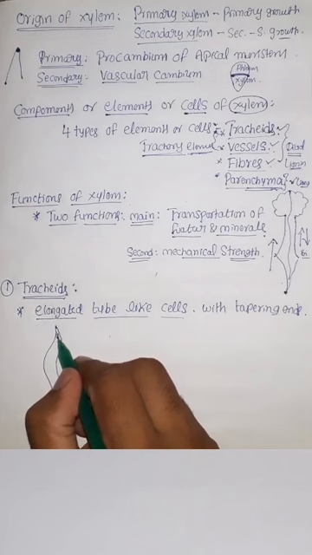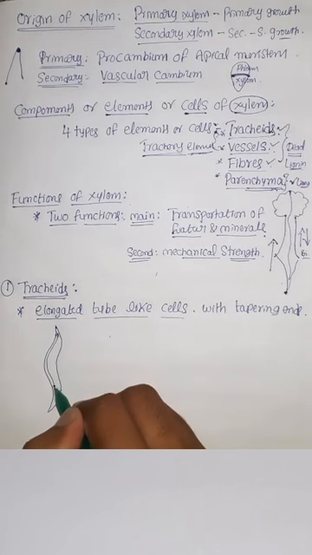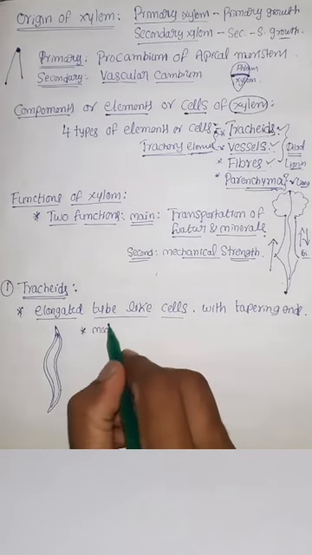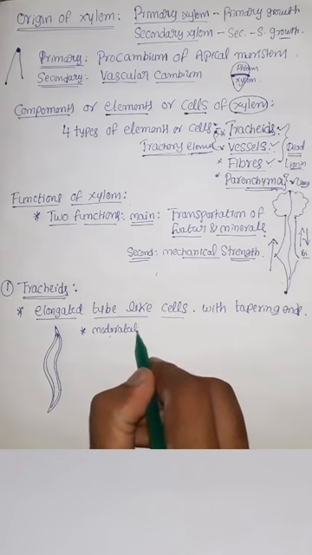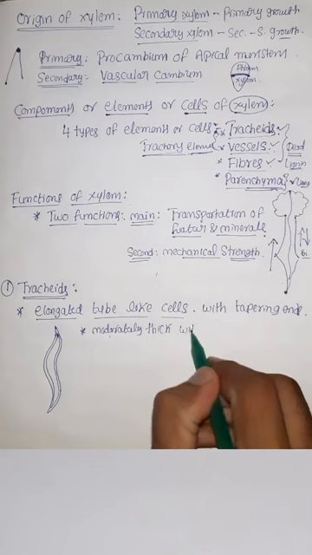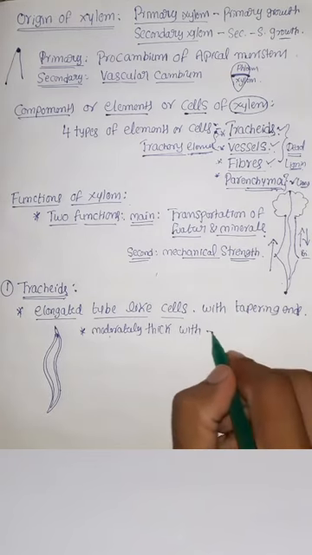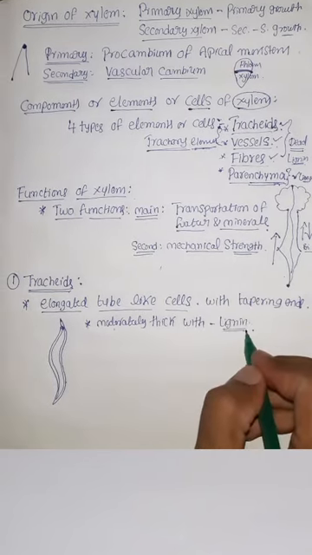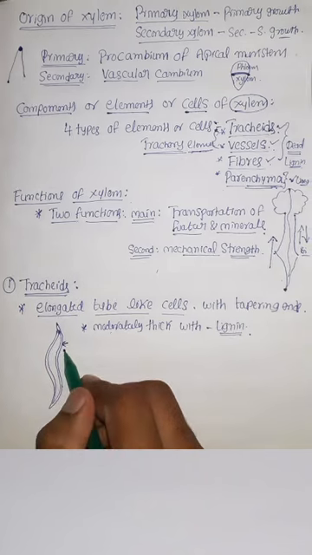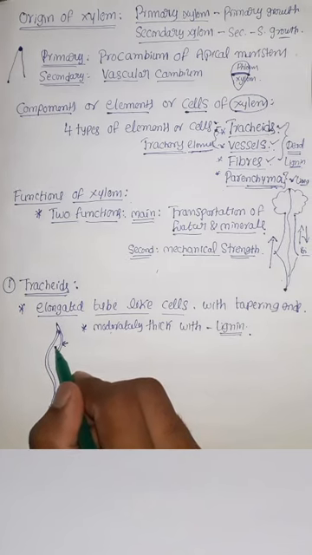The cell wall is moderately thickened, with secondary wall depositions, that is lignin. Whenever lignin is deposited on cell walls, there is no chance for the entry of water and minerals into the cells.